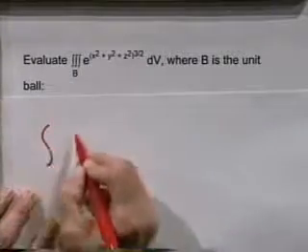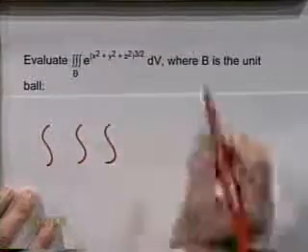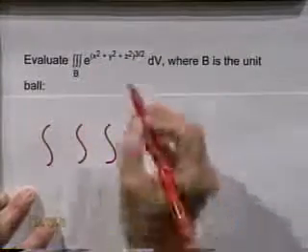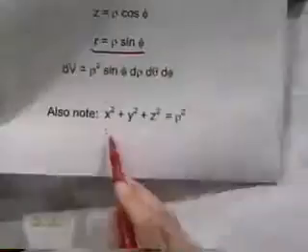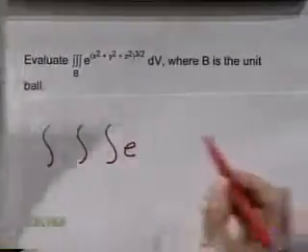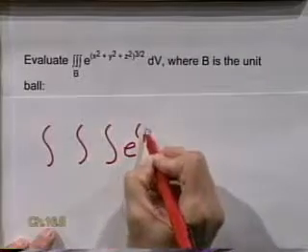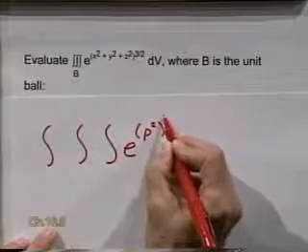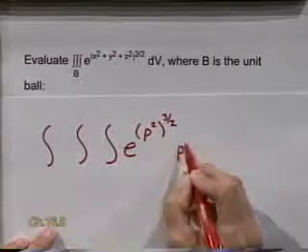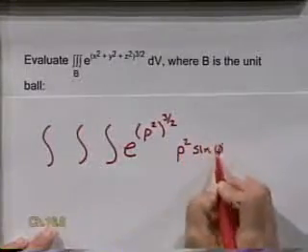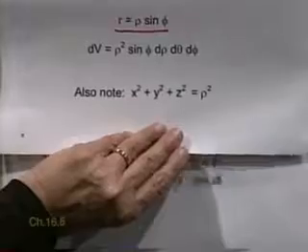Changing this into spherical coordinates, I have e to the x squared plus y squared plus z squared. X squared plus y squared plus z squared is rho squared, so I can replace it with rho squared. And dv is rho squared sine phi. I'm just getting it from right here.